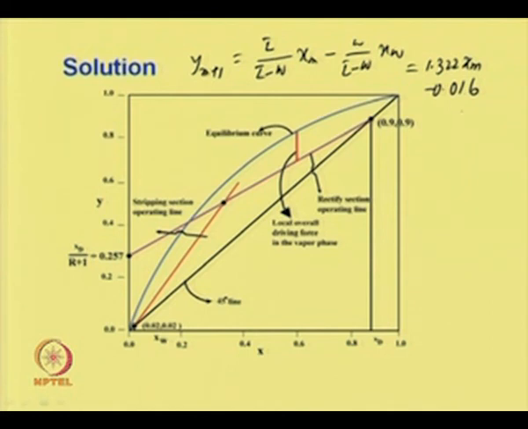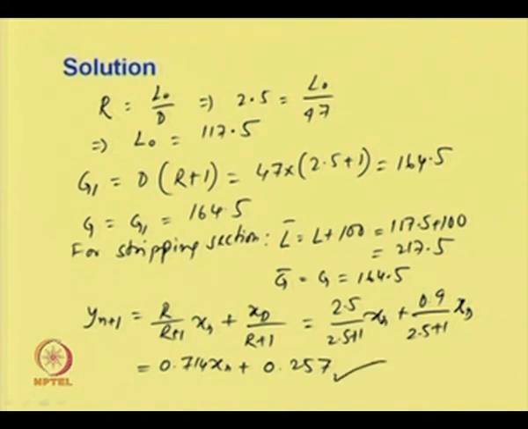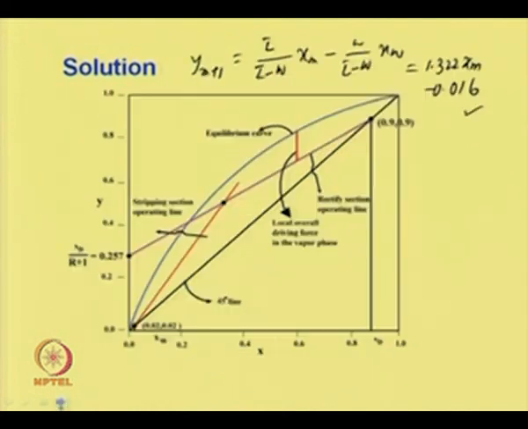So, this is the equation of the stripping operating line, and this is the equation of the rectifying section operating line. So, we know the value of the intercept. The intercept is 0.257, and with this intercept and the value of xD, with these 2 points we draw the operating line, and then we know the xW, which is at 0.05. So, from this with the slope of 1.322 we draw the operating line. This way we can draw the operating line for both the sections. Thank you.